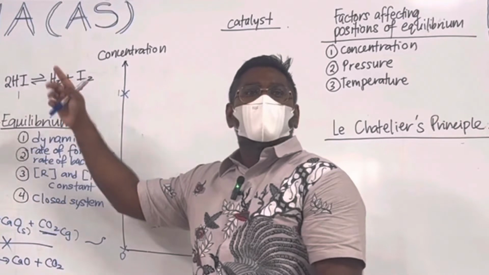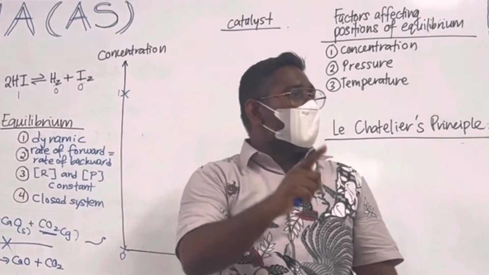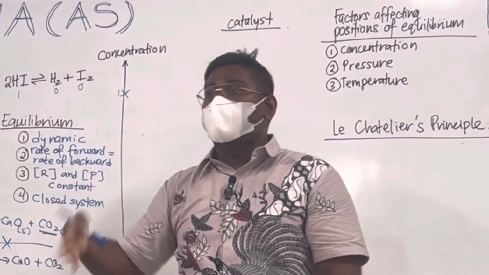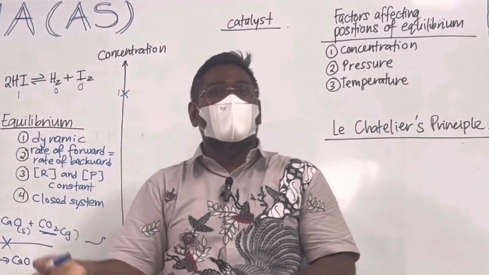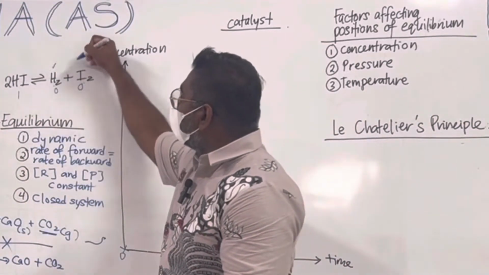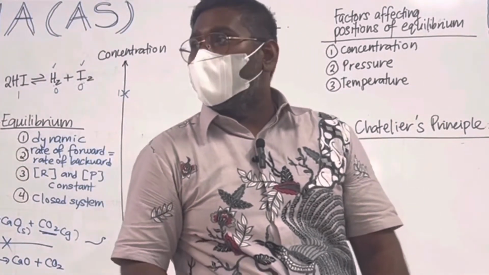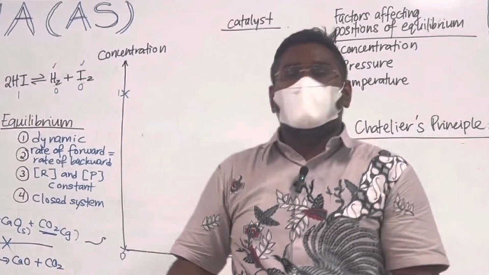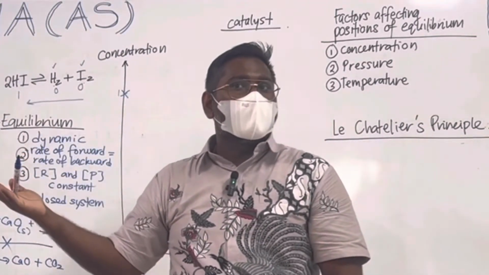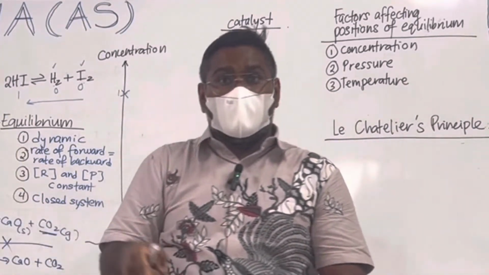Generally, reactant will give you product. It means that the concentration of the reactant will decrease to give you product because they are reacting. When they are reacting, only then will some amount of H2 and I2 start to form. When that is being formed, only then are they going to react to give you HI. Do you agree? Once you have H2 and I2, only then can they give you HI.